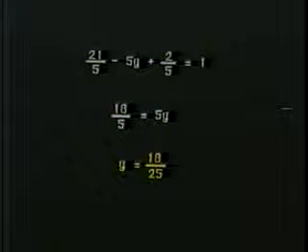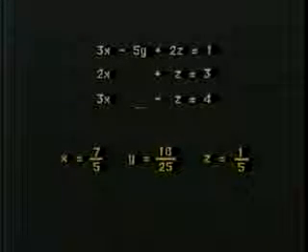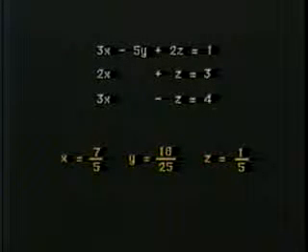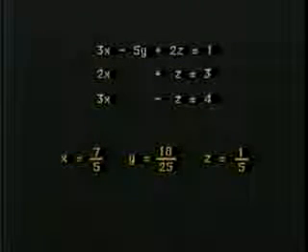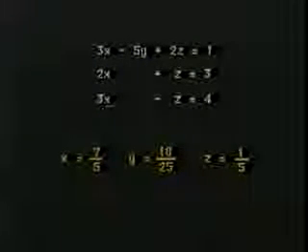Y equals 18/25. We had x and z, now we have y. So this is our final solution, values for x, y, and z that satisfy all 3 equations. You can substitute and check if you want to, but it's better to get it right the first time.